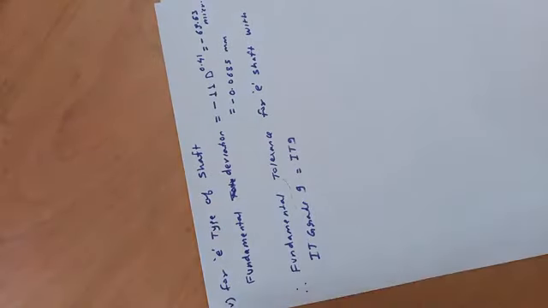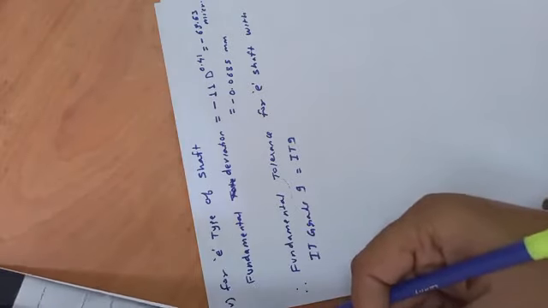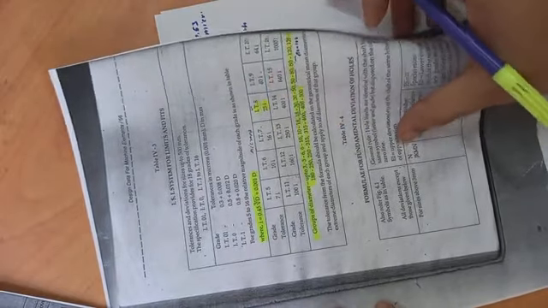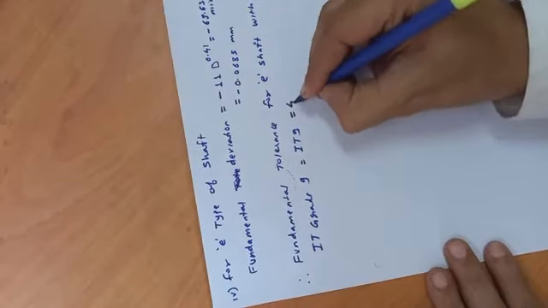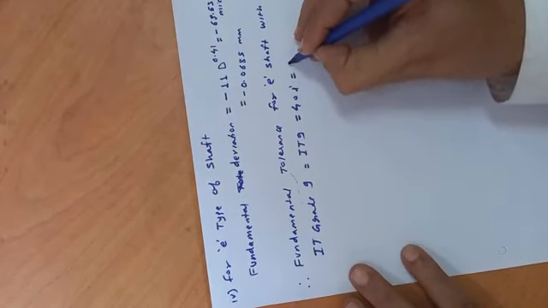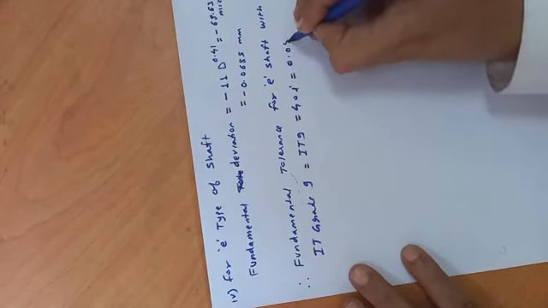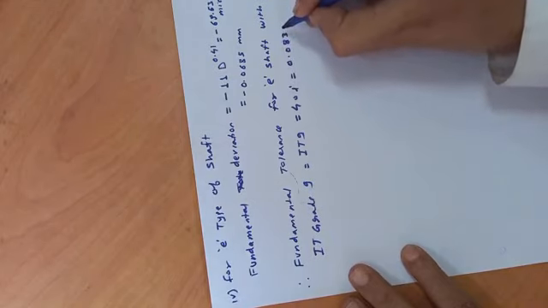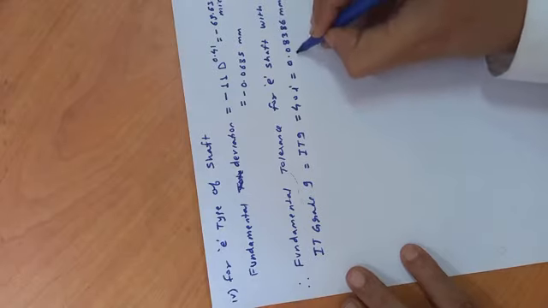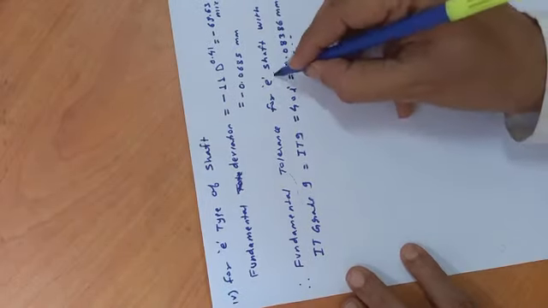IT9 is 40i, and that comes to be 0.08386 mm. Now we have the tolerance for the shaft.